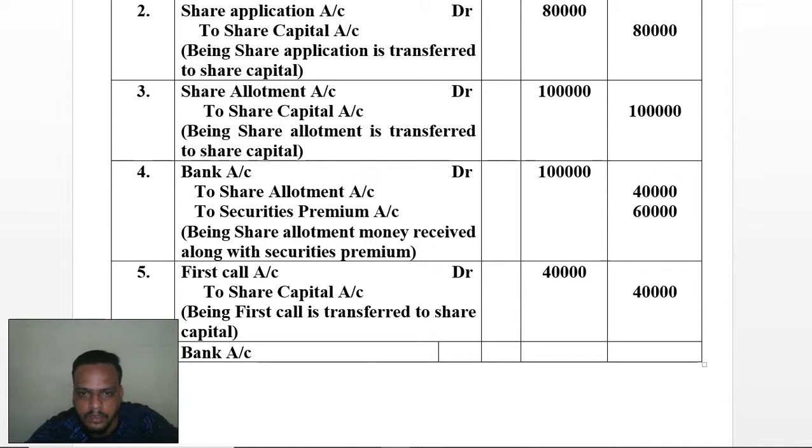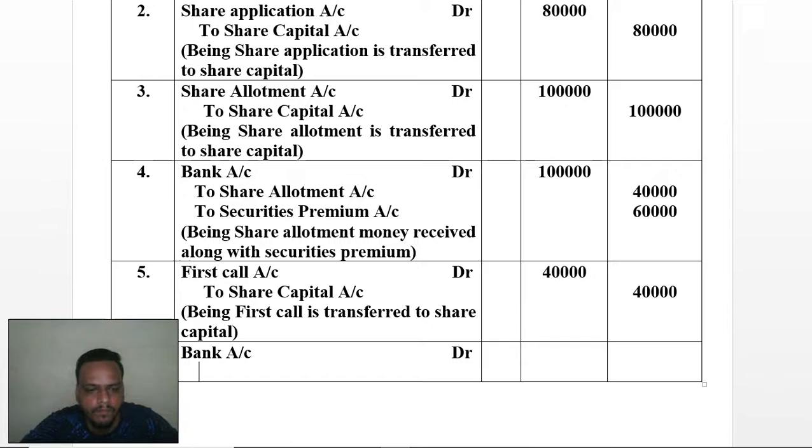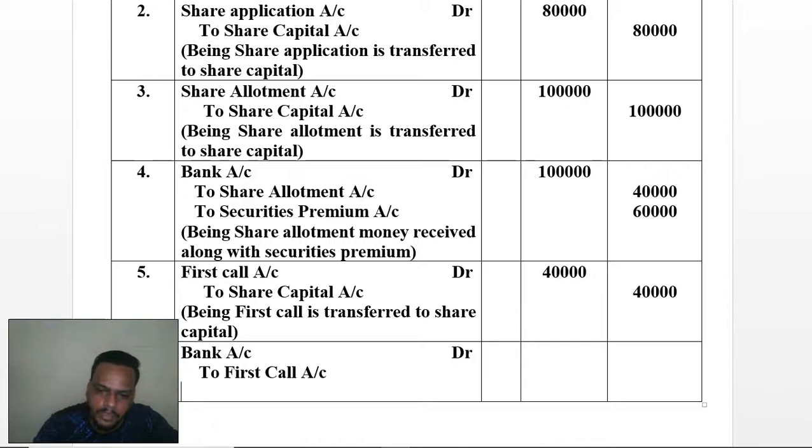Bank account debit to first call account. Here also being has to be mentioned.